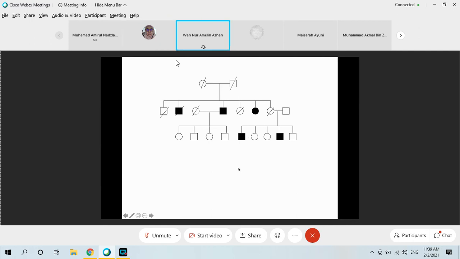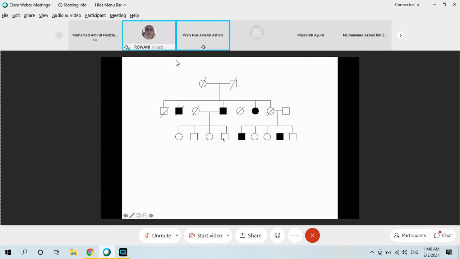X-linked dominant is not possible, right? If X-linked dominant, all daughters of an affected male will be affected, right? Oh, okay. So autosomal recessive. You cannot just guess and put everything. Not sure, doctor. Okay, but what you notice is that the majority are males, only one female is affected, right?